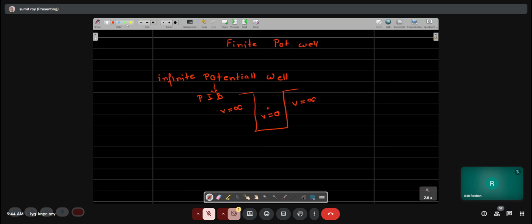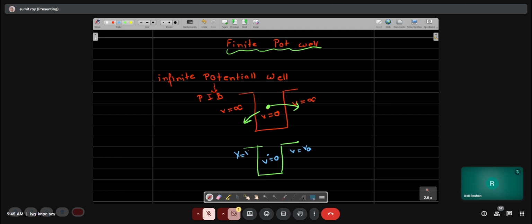And because of that infinite potential outside, there was no chance that the particle can move out of this potential region. So one more we have to study is where the particle is trapped in a box, surely, but potential inside is zero, but the potential outside is not infinite.